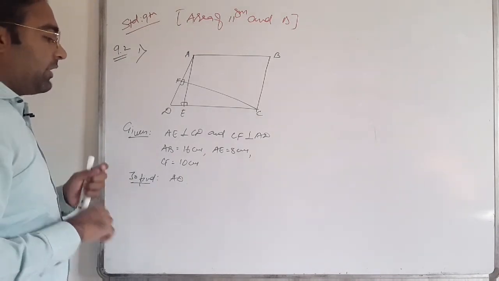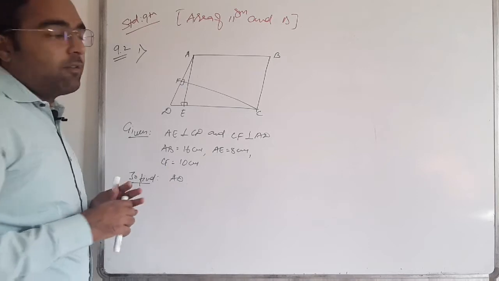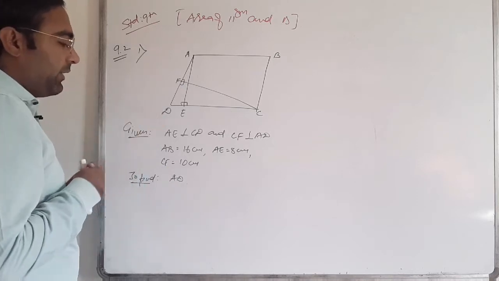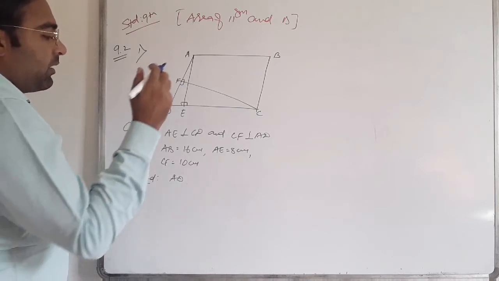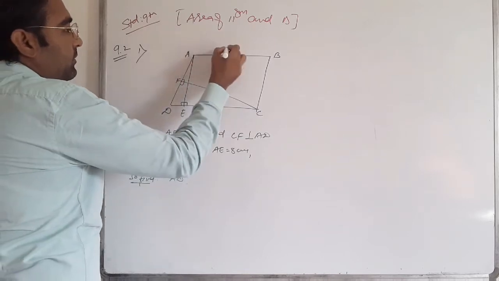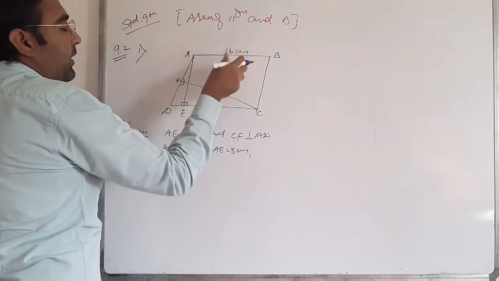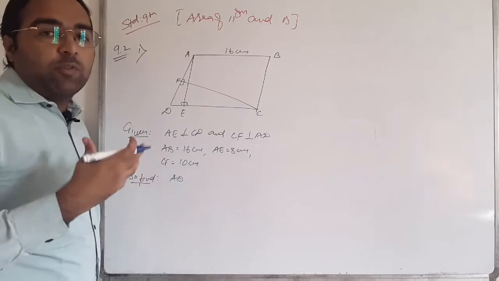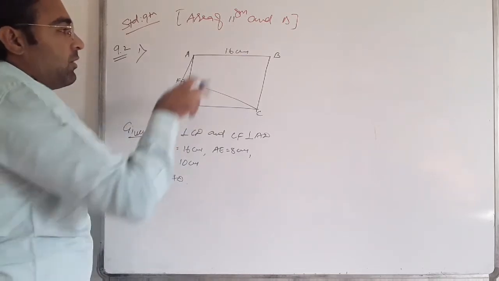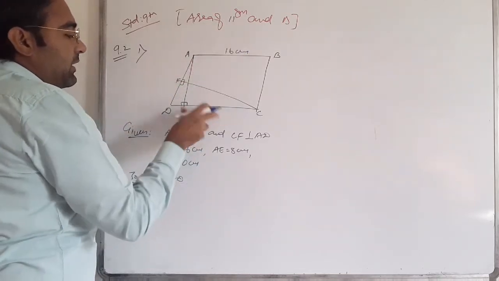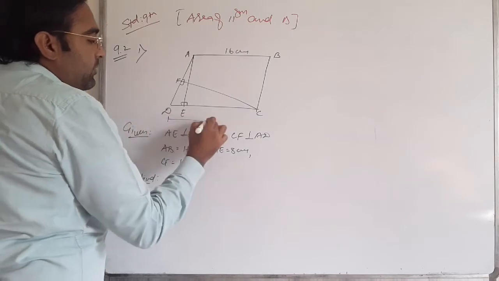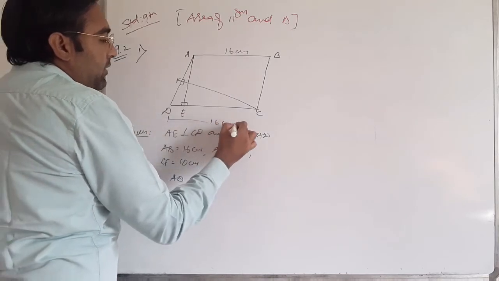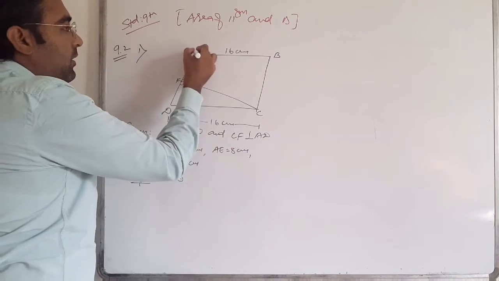Here, as per the given measurement, we show in the diagram AB equal to 16. Now opposite sides of a parallelogram are equal, so AB is equal to 16, so CD is also equal to 16 centimeter. Clear?